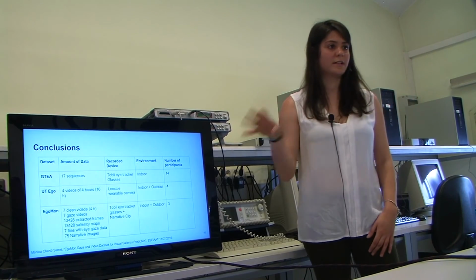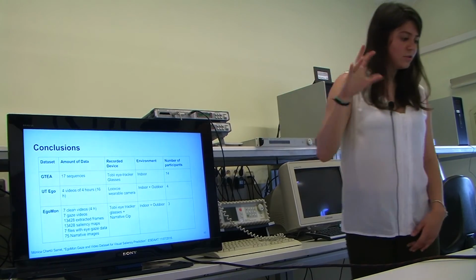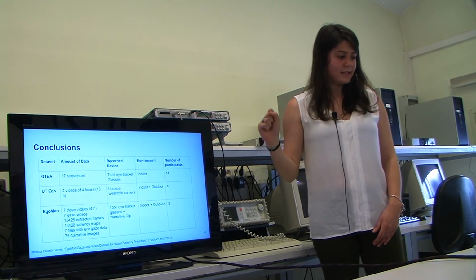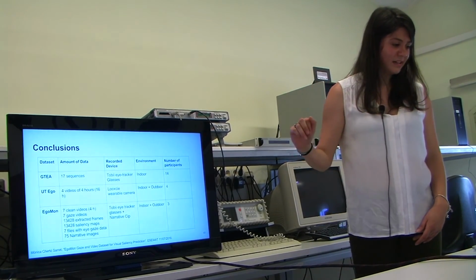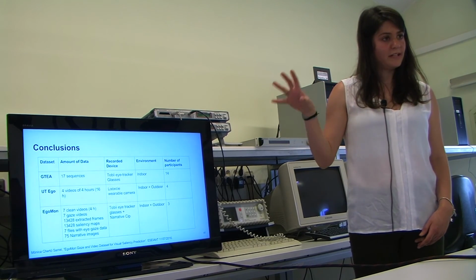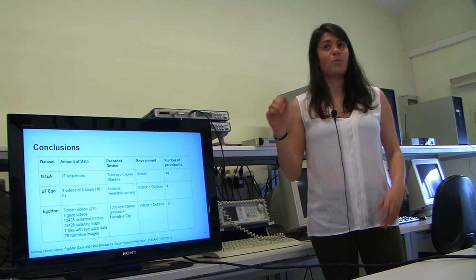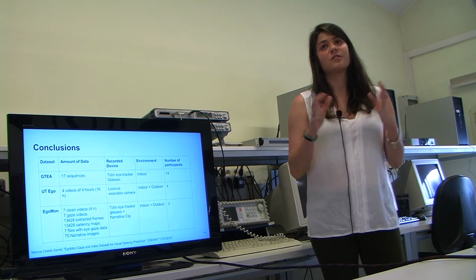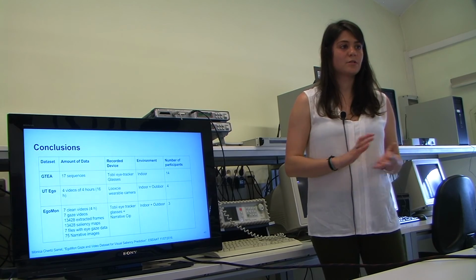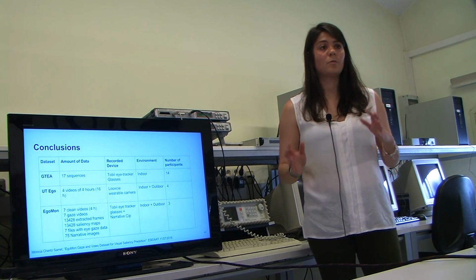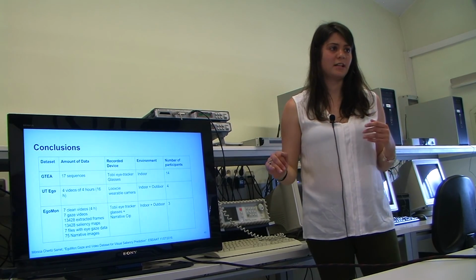And the other conclusion that we can extract from this project is that the evaluation of the validation of the saliency model was studied, and we can conclude that the results on average were more or less bad, but this is because the saliency estimator was trained with non-egocentric images, and this dataset is formed with egocentric images.